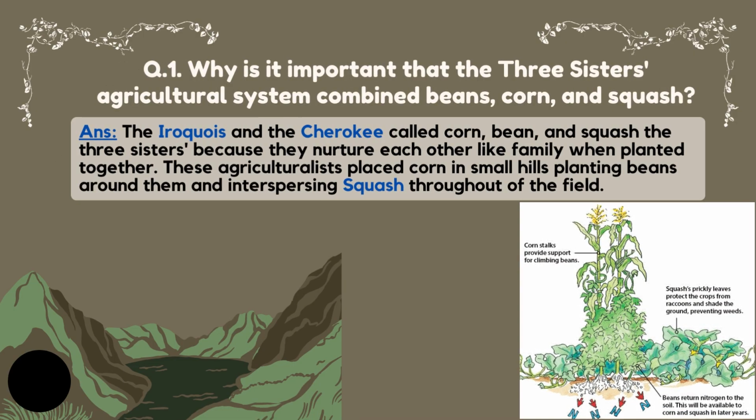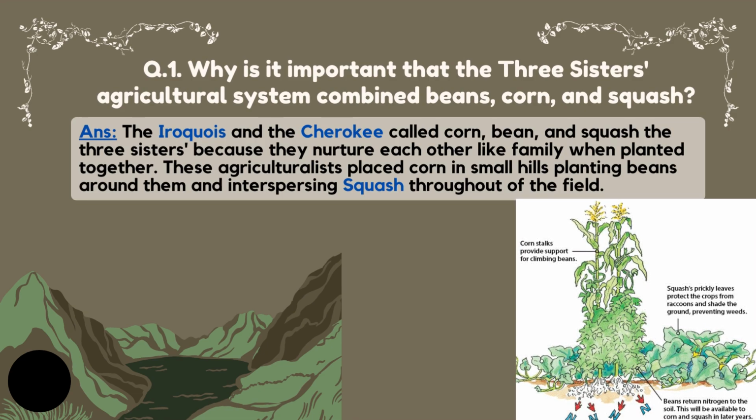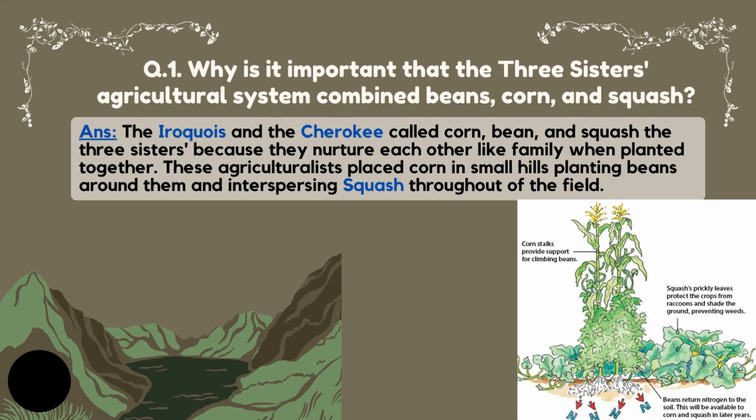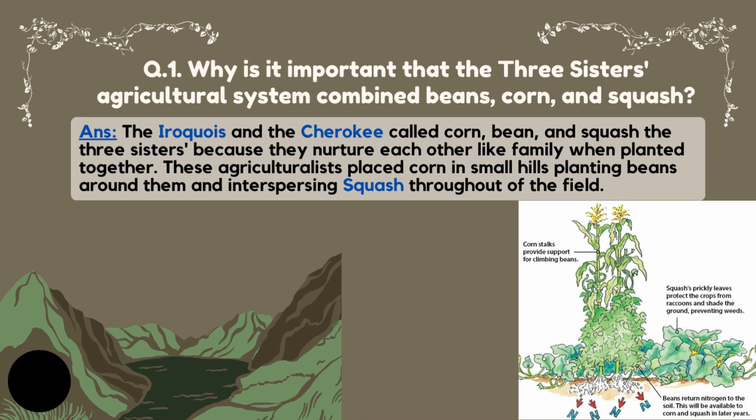Another question: why is it important that the Three Sisters agricultural system combines beans, corn, and squash? The Iroquois or Cherokee called corn, beans, and squash the Three Sisters because they nurture each other like family when planted together.